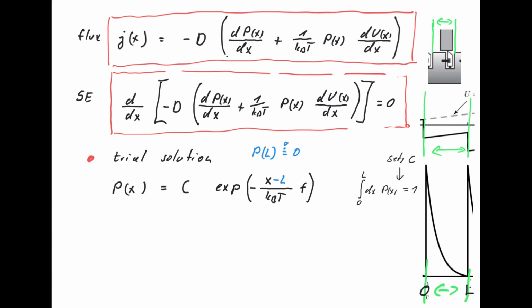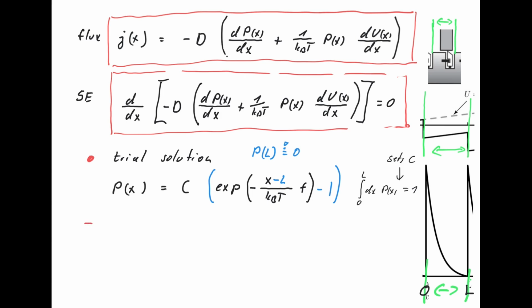And one way to do that is that we now extend the exponential factor and let the distance L be a special point. Hence, we use the expression that the exponential factor now gets e to the minus (x minus L) divided by kBT times f, which actually has a maximum and is 1 at the position L. So we subtract L and have the final trial solution.